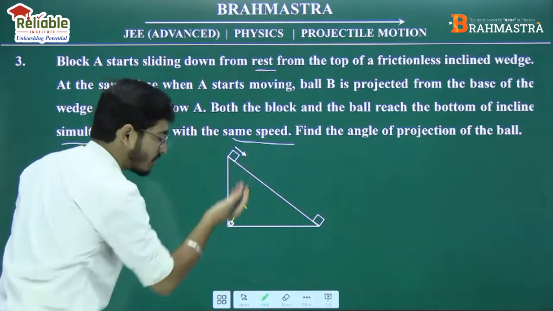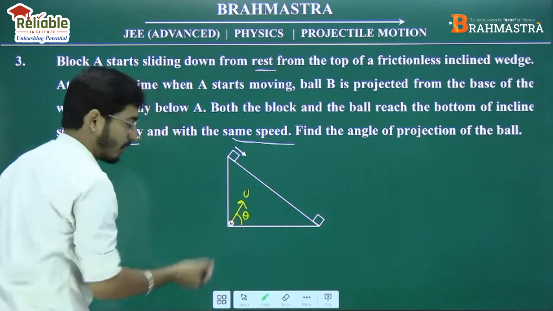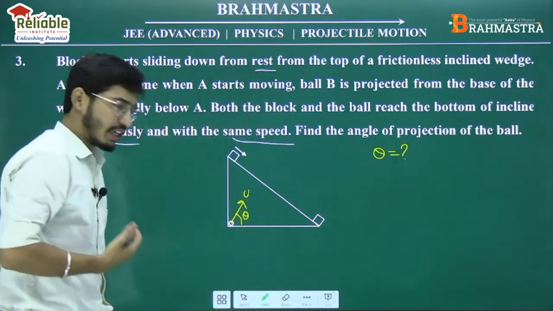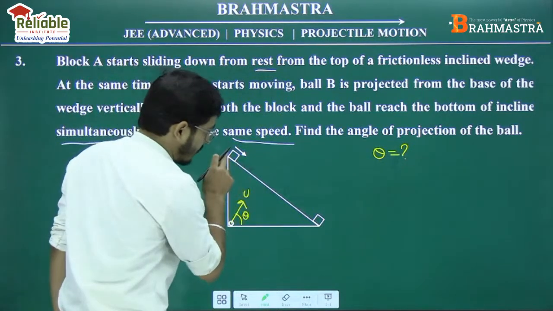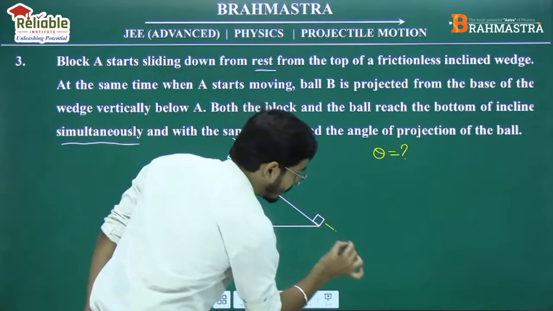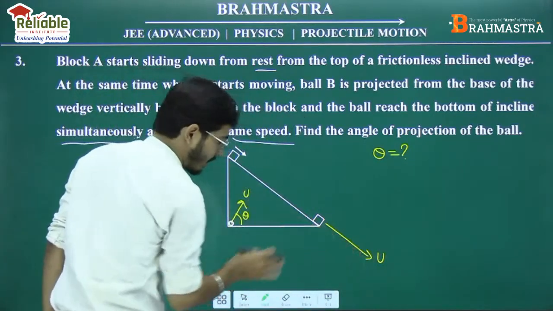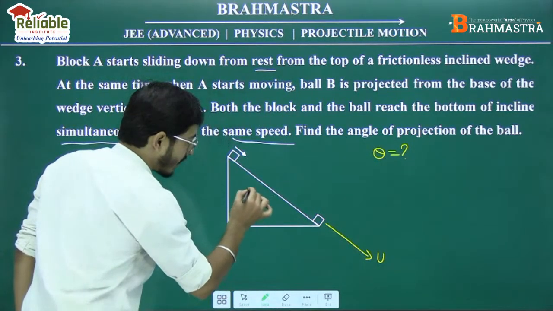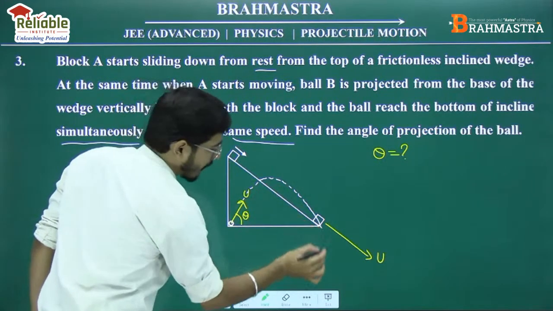Suppose I have launched the projectile with a speed u and the angle of projection is theta. Now we are supposed to calculate this theta. What we are given in the question is that this block attains the speed u in this direction. Obviously it will attain it in this direction, and this projectile will go down like this.